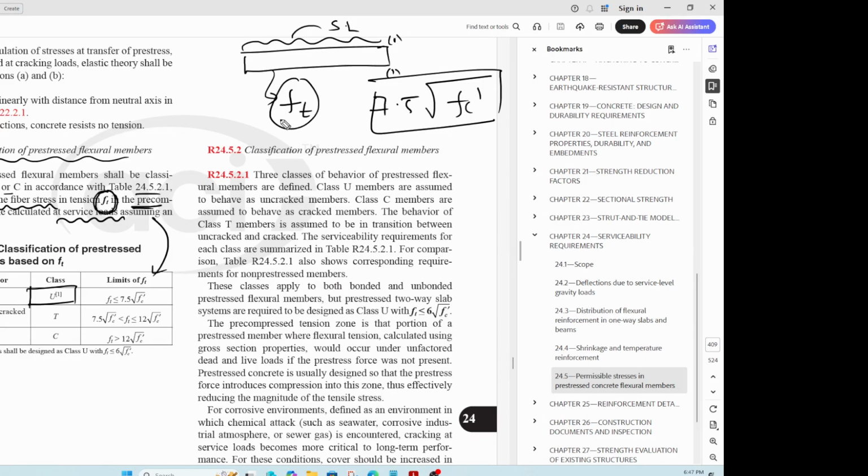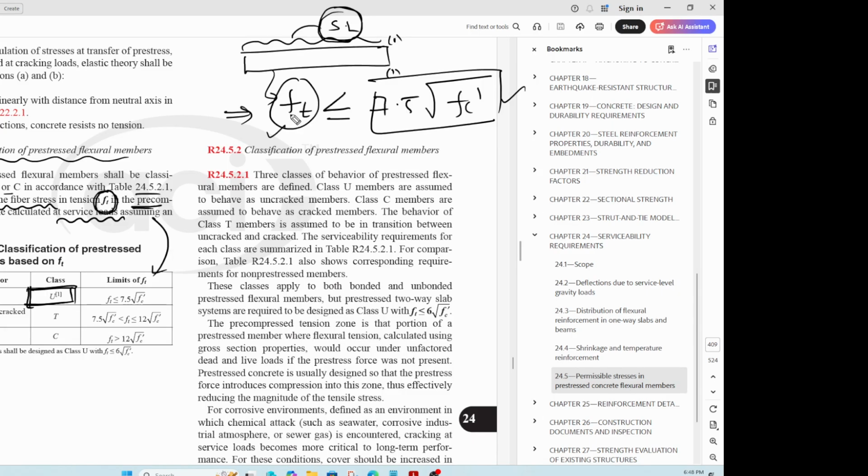So we compare. If this ft value, the stress in the extreme fiber induced due to service loads, is less than or equal to the rupture modulus, that means there is not enough tensile load to crack the beam. So that's why it comes under the uncracked classification here.